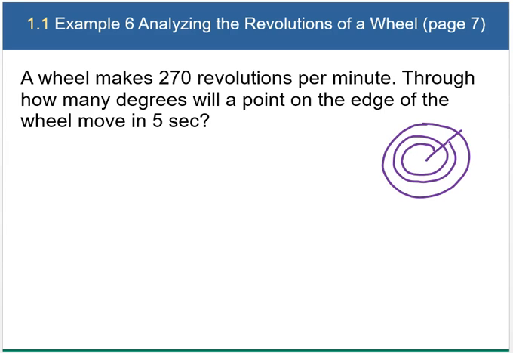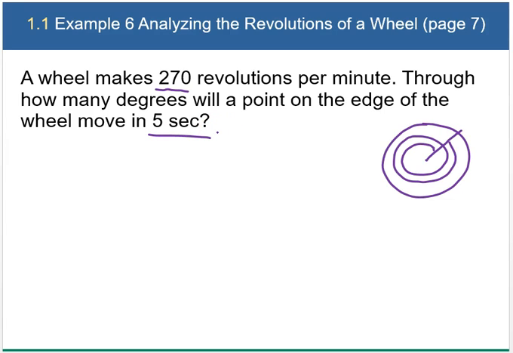It moves 270 revolutions per minute on the edge of the wheel. And so we're wondering how many degrees that point goes through in 5 seconds.